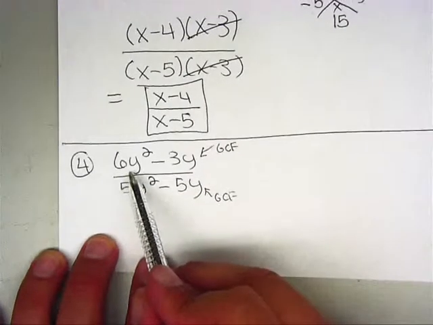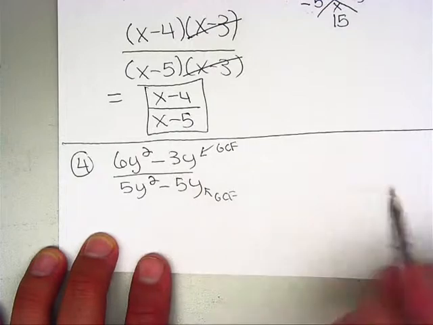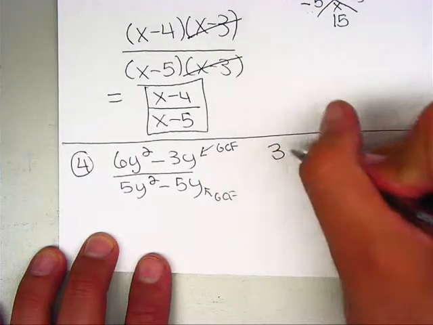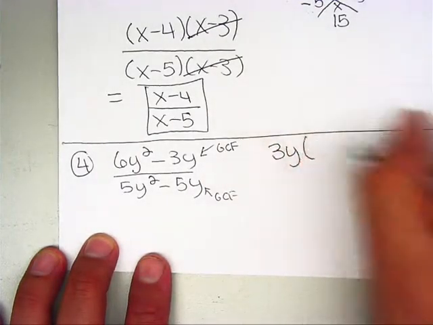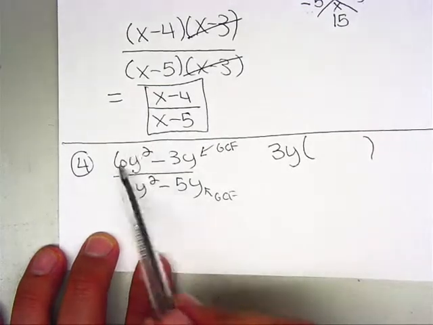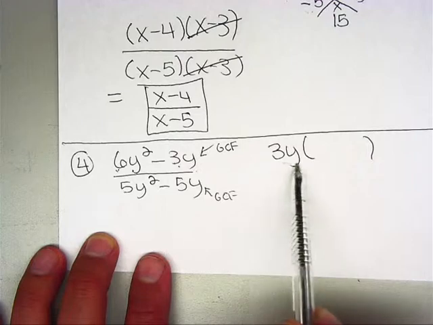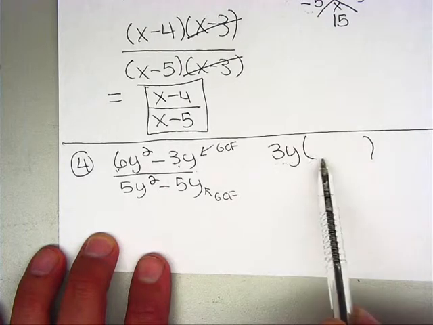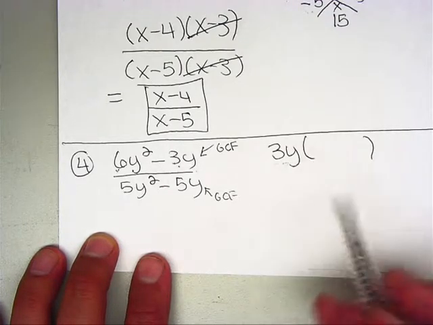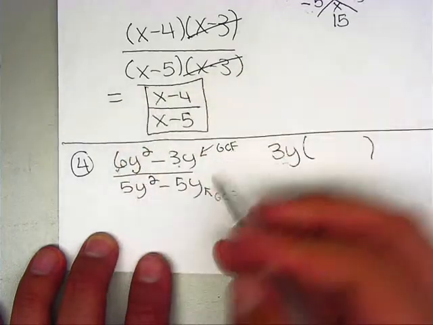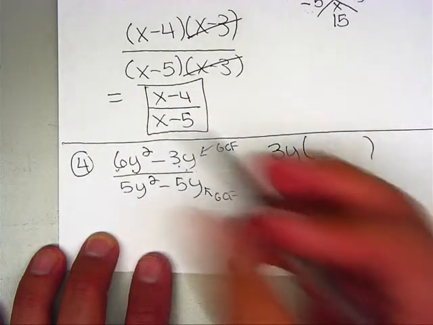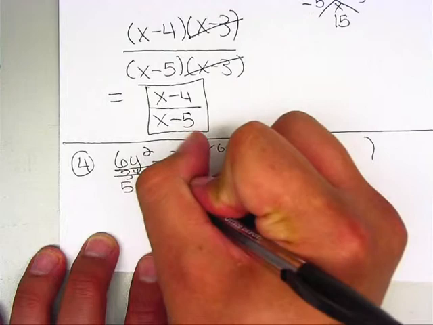The greatest common factor of 6y squared and negative 3y is 3y. 3 goes into 6 and 3, and they each share a y. That's why I put 3y on the outside. To get what's on the inside of the parentheses, I need to divide 6y squared and negative 3y by 3y.